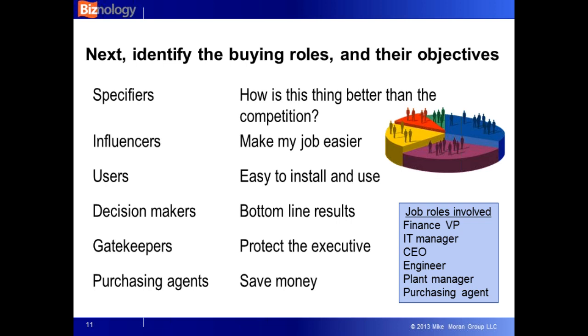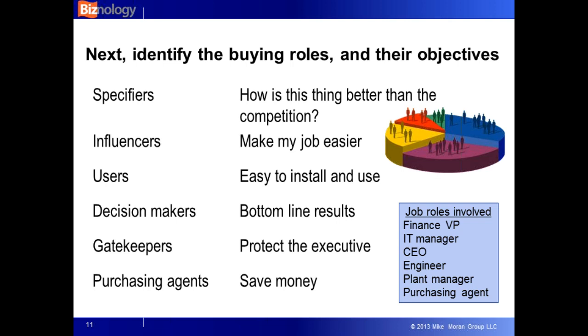So for each player, I've listed here the types of buying roles that are typically found in a B2B buying circle or buying group. And on the right, I've listed some of the issues that confront them, that keep them up at night, or what they really care about.